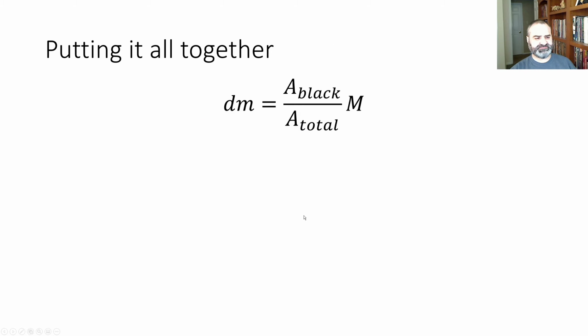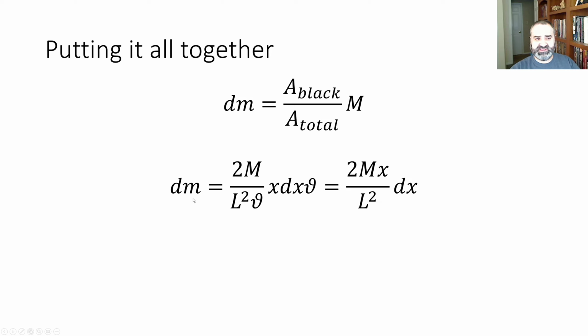So what's our mass? The differential mass is simply the area of the black divided by the total area times the mass, or sigma times the area of the black, if you like. Either expression is exactly the same, because sigma is mass over the total area. It simplifies pretty quickly.